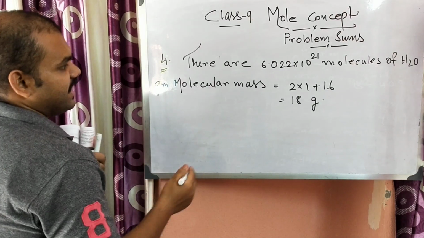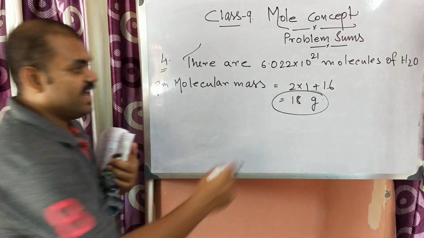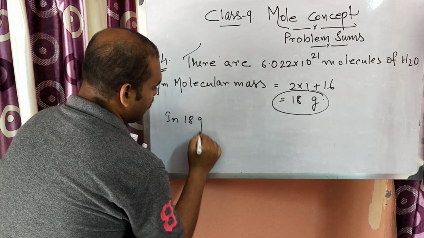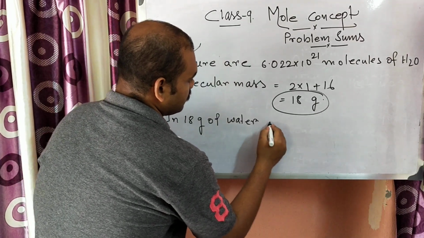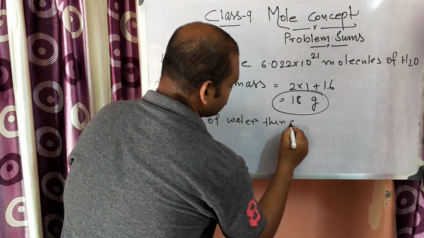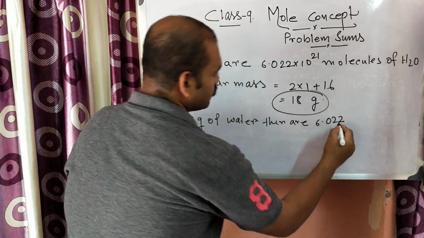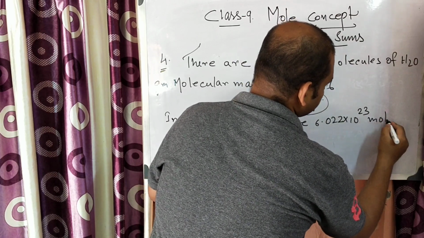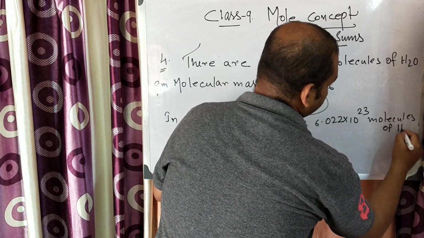So in 18 gram of water, there are 6.022 into 10 to the power 23 molecules of H2O.